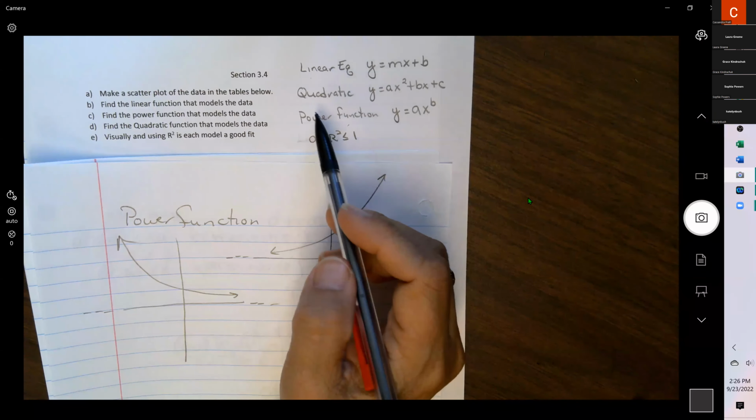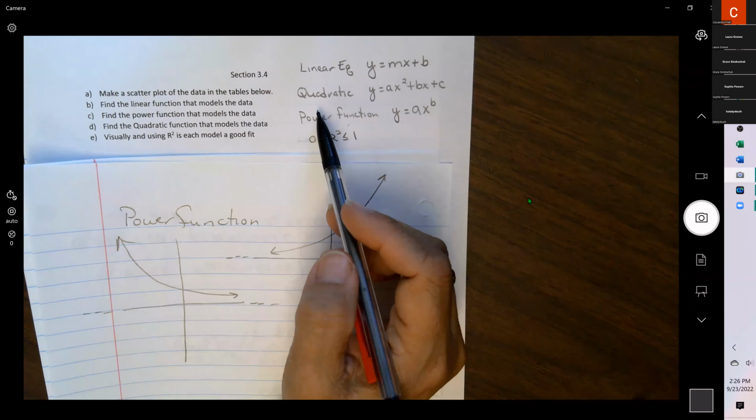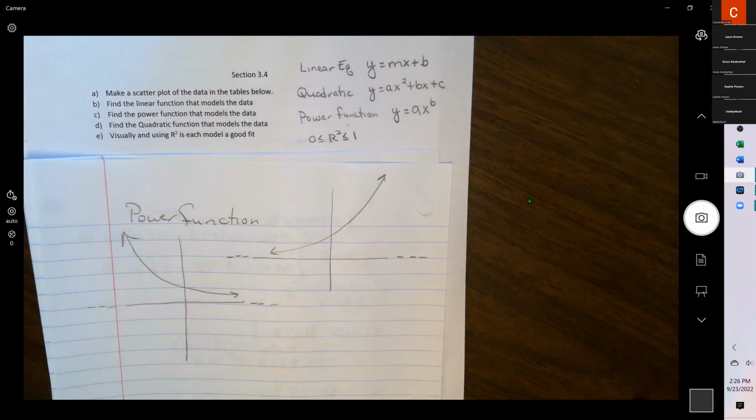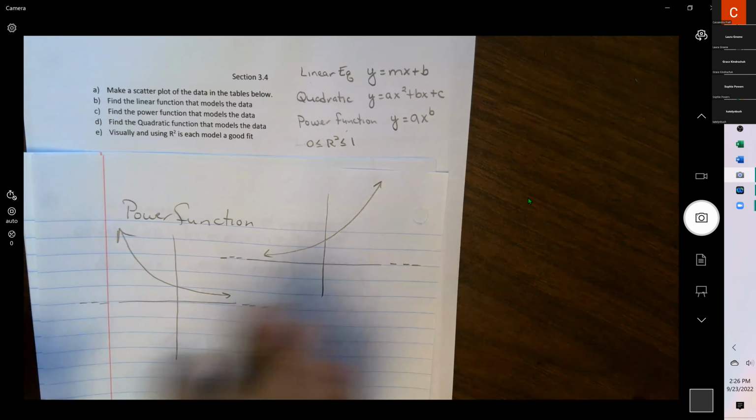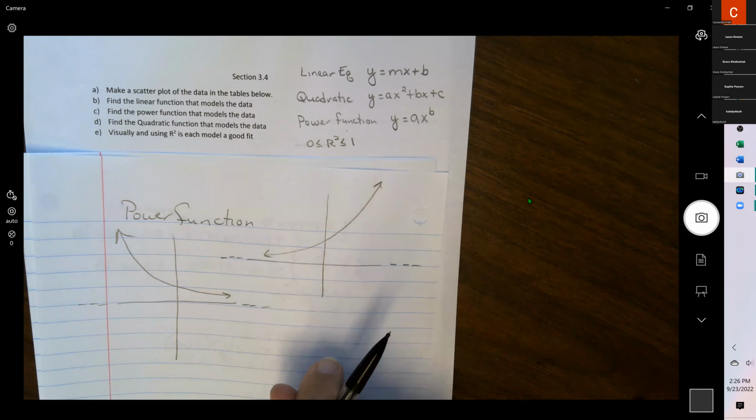For finding the equations, Desmos is going to do it for us. Now you can use the TI-83 or the 84. It's more work. You can also use Excel if you're comfortable with it. I prefer Desmos because uniformly it works better for everybody.